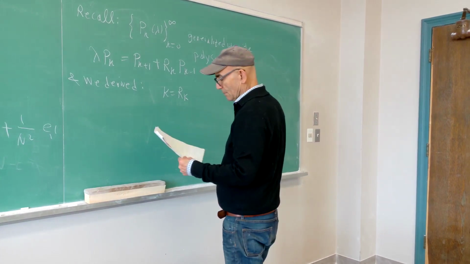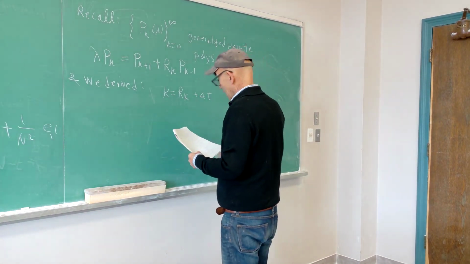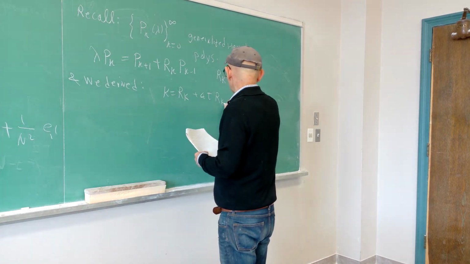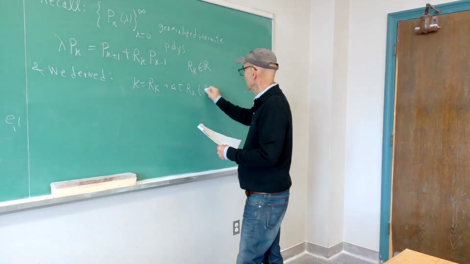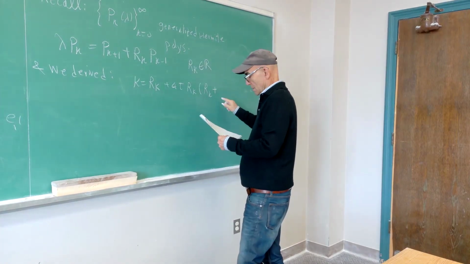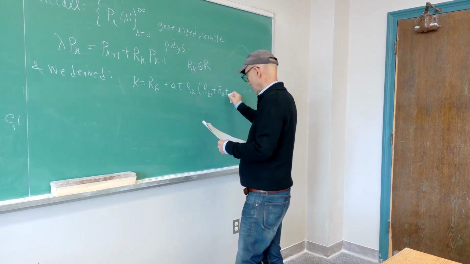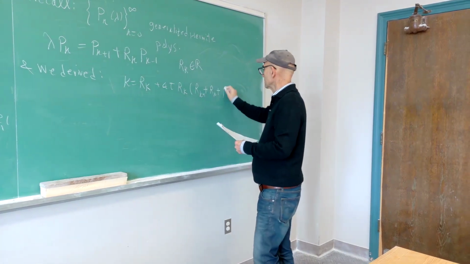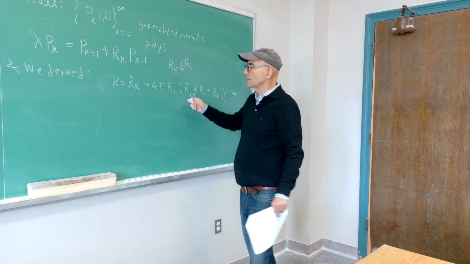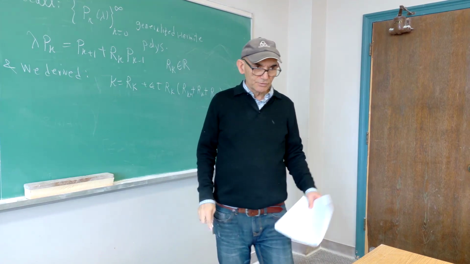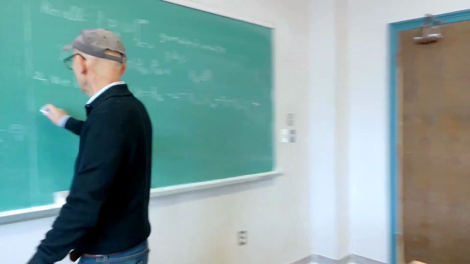So k is equal to r_k plus 4t r_k times r_{k+1} plus r_k plus r_{k-1}. Call this star. This is the discrete Painlevé equation I.